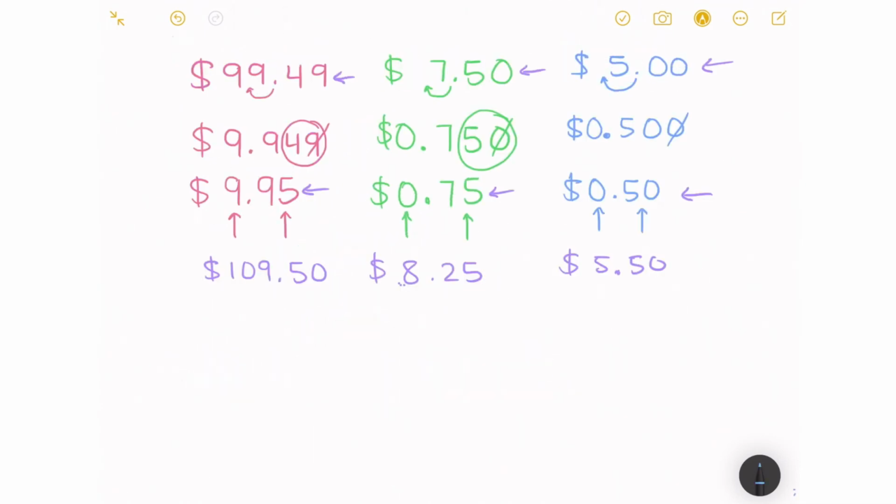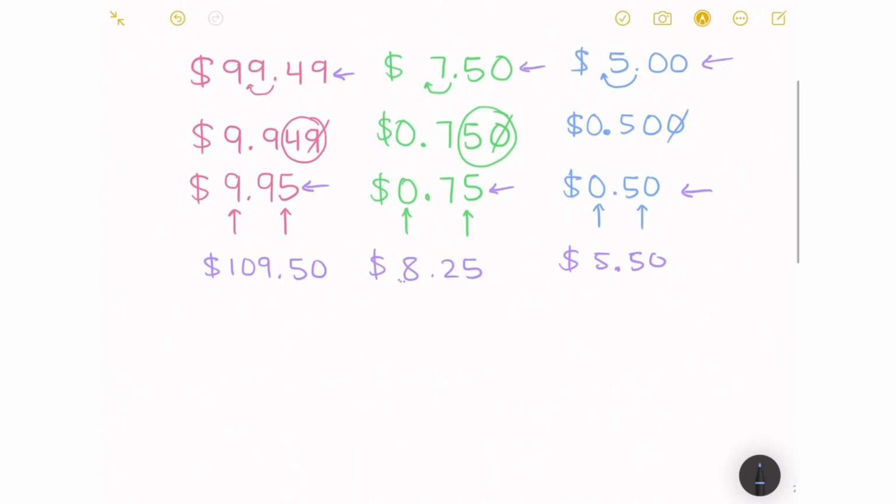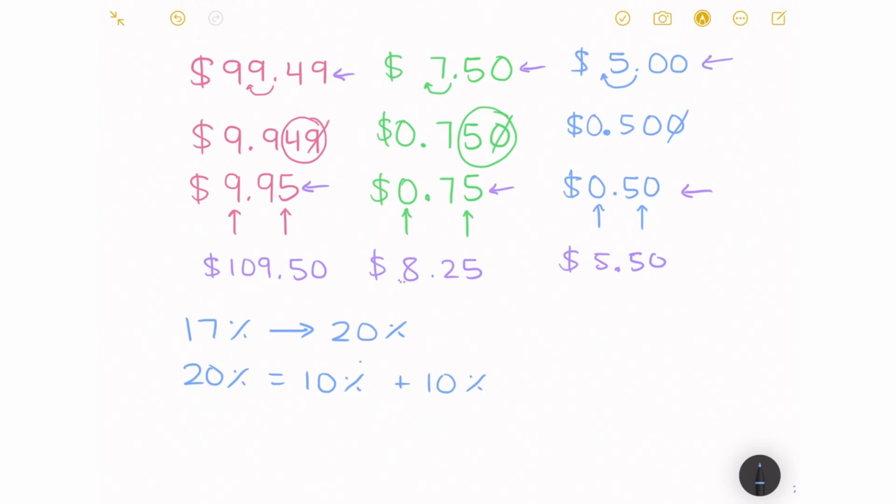Now let's look at our last example, our blue example. This time, let's imagine that the tax is 17%. So we will round this up to something that's easier to calculate, 20%. And 20% is just 10% plus 10%. So this one's actually even easier than the last example because we don't even have to divide anything by 2.